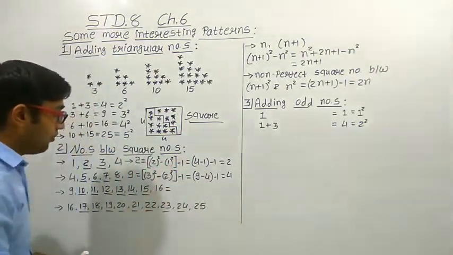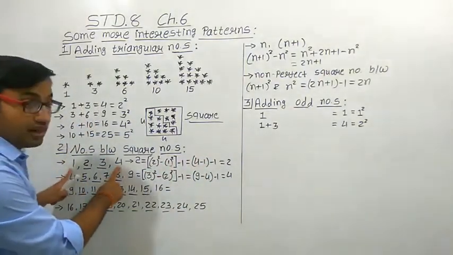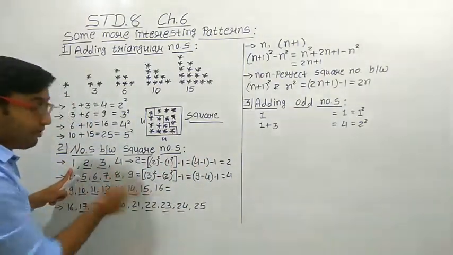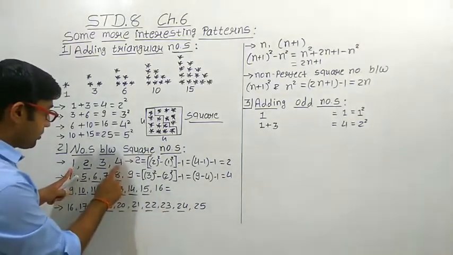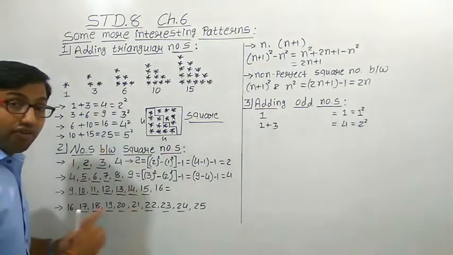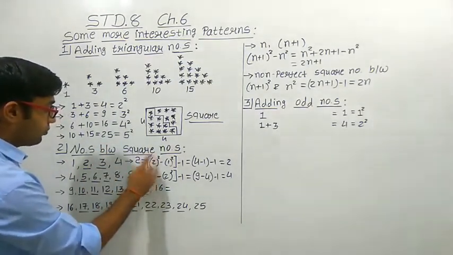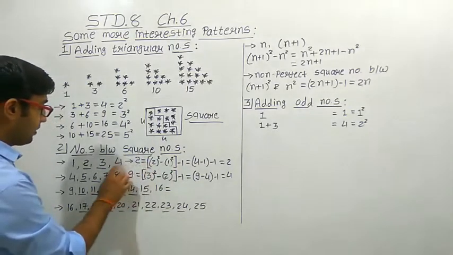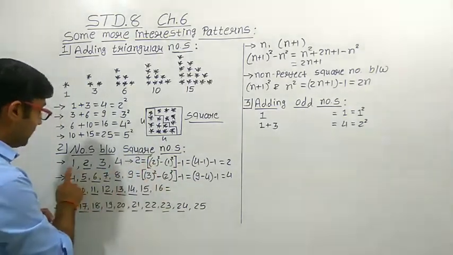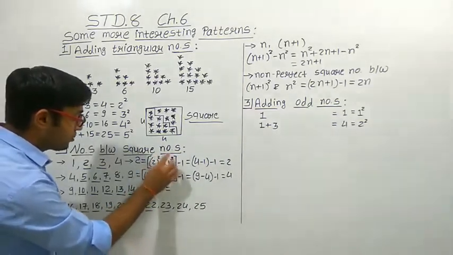So see, here what will happen? 1 and 4 are the perfect square numbers. Okay, in between there is no perfect square number. So consider how many numbers we get here? 2. So see how we can write down 2. We can write it as 2 equals, in the bracket, 4 is what? 2 squared. 1 is what? 1 squared. Subtract both of them: 2 squared minus 1 squared.